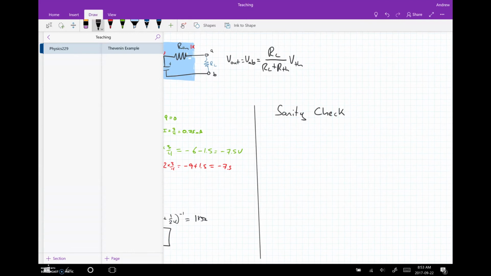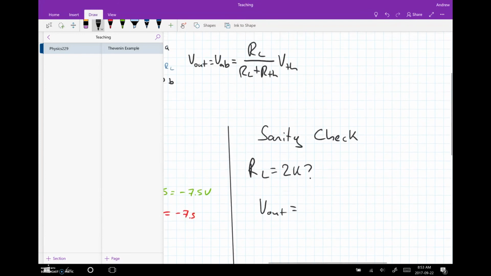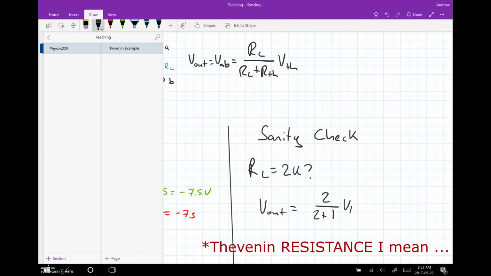So RL equals 2K. We get V out equals our load resistor, 2 over 2 plus 1, times V Thevenin.